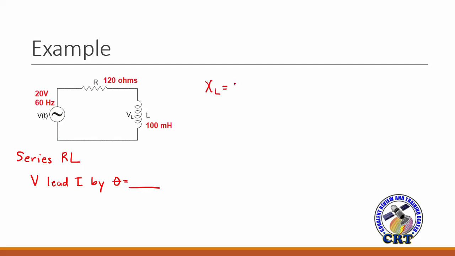This is equivalent to 2 pi times the frequency, our frequency is 60 hertz, times the inductance, our inductance is 100 millihenry. And this is equivalent to 37.699 ohms.